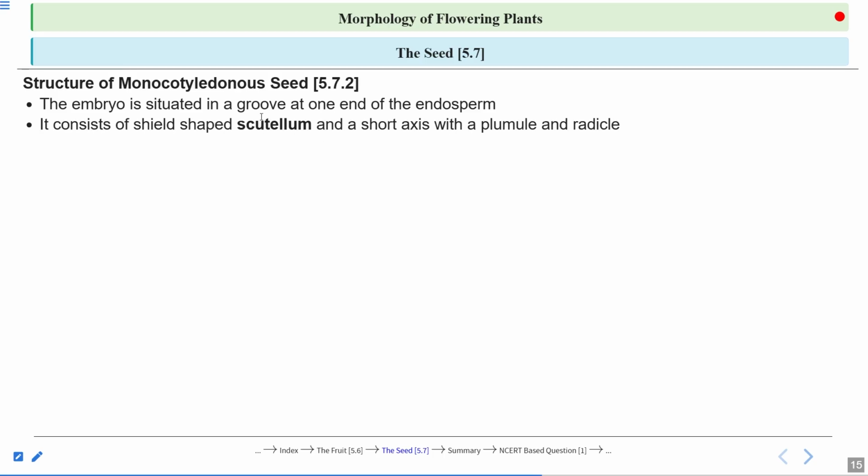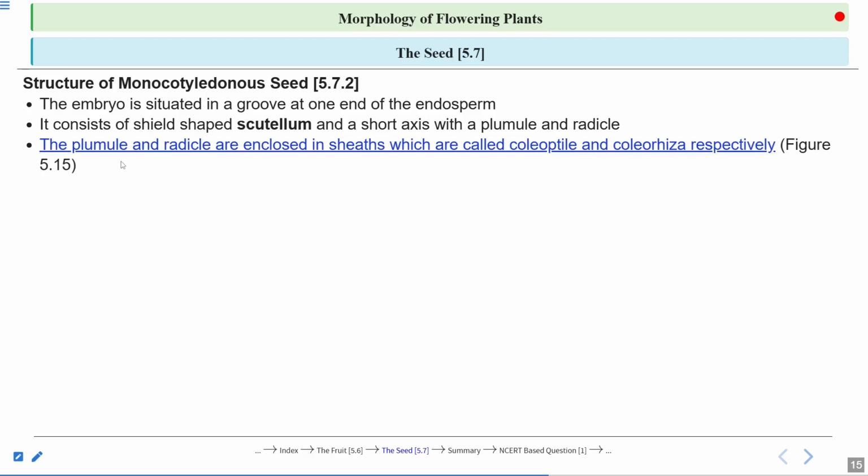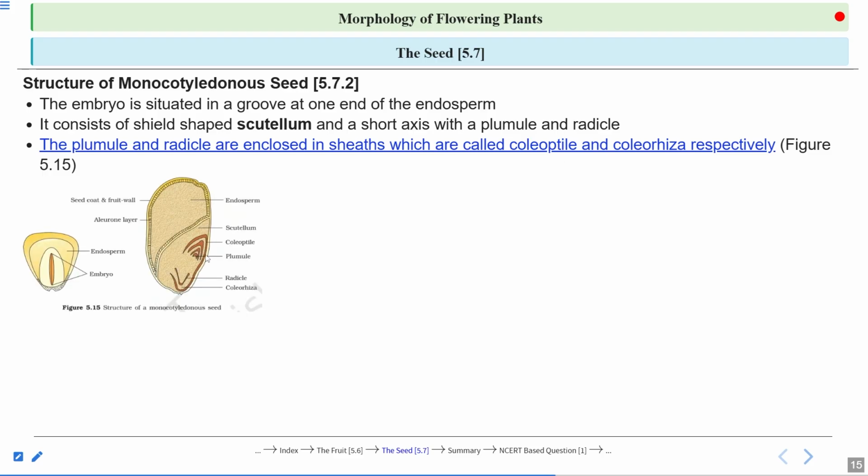It consists of a shield-shaped scutellum and a short axis with a plumule and a radicle. The plumule and radicle are enclosed in sheaths called the coleoptile and coleorhiza respectively. The whole embryo part is shifted to one side of the endosperm.